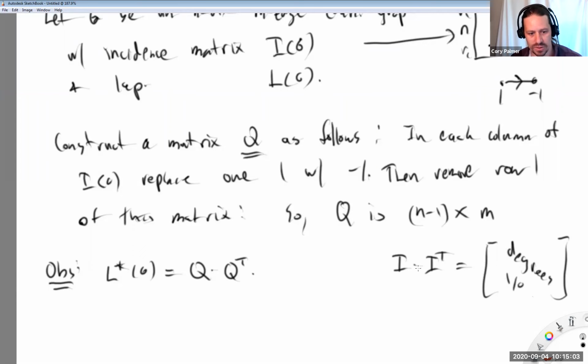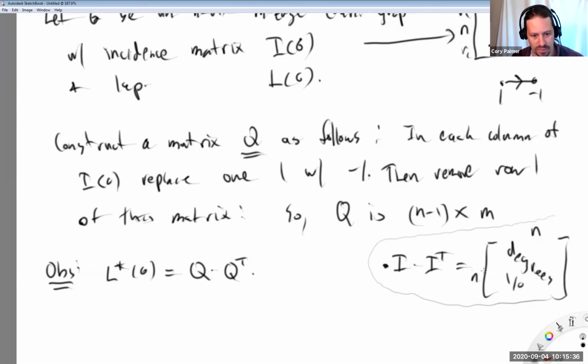The resulting matrix when you take I by I transpose is going to be n by n, indexed vertices by vertices, and it's very closely related to the Laplacian. In fact, it's the Laplacian with all the -1s changed to +1s instead. Again, I'm not proving this, I'm just trying to give you a rough visual that this is true. The argument is basically the same as this, because this Q and this Q transpose have one row removed from both of them, so it makes sense when I multiply them together.